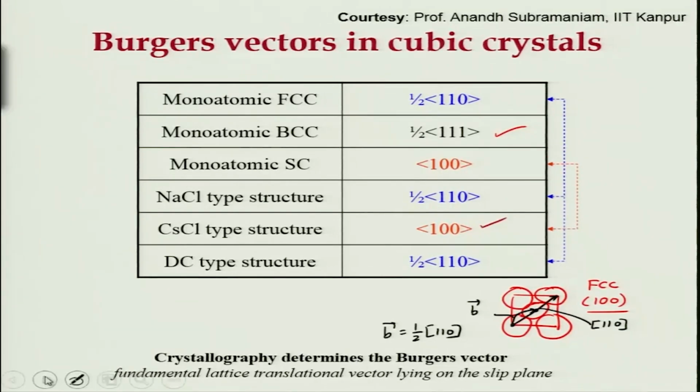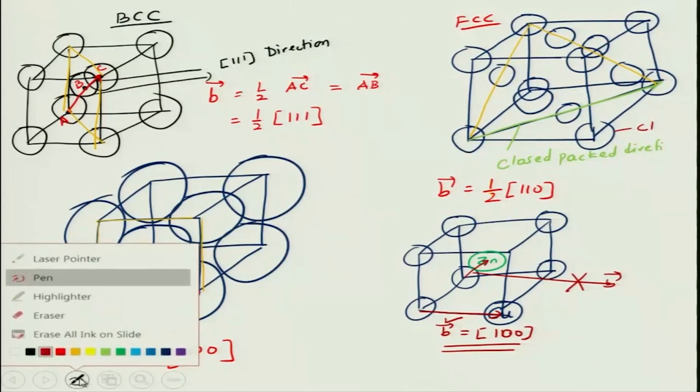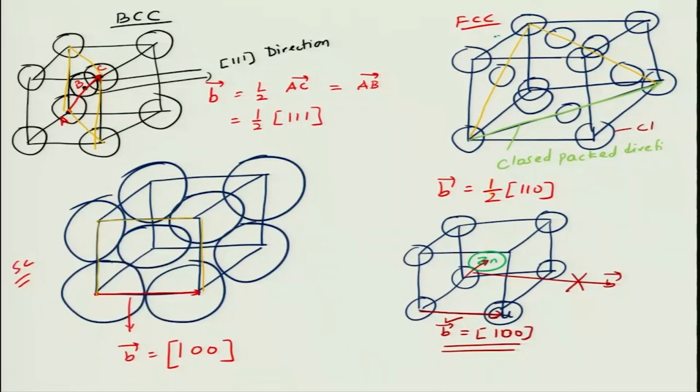For sodium chloride, it is an FCC structure. If this is the chlorine atom, the sodiums will be sitting here, and again to go from one chlorine to another chlorine you just need to follow the same direction.